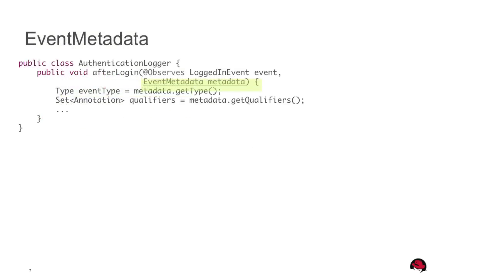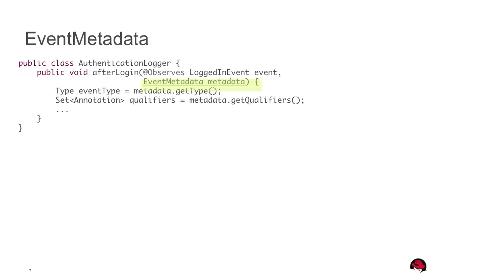Here we have the new feature of event metadata. This is pretty useful because when we started to look at how we could bridge the event system to other eventing systems, as you know, there's a much more complex and much more complete event system in Java EE called JMS that's great for doing message-driven programming, and especially where you need things like durability. JMS is the way to go.